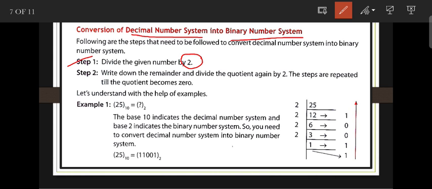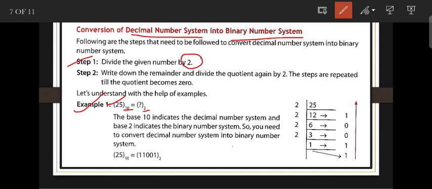Here you can see the example is 25 with base 10, so we can easily identify that this number belongs to the decimal number system, because 25 has base 10. We convert this number into the binary number system, which has base 2.